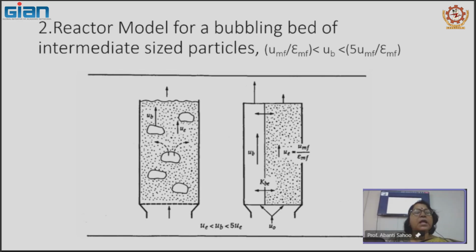The second type of reactor will be for a bubbling bed of intermediate size particles.